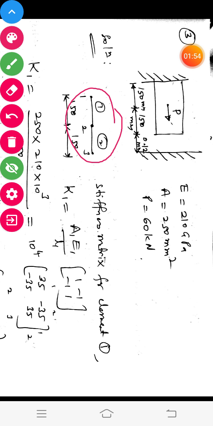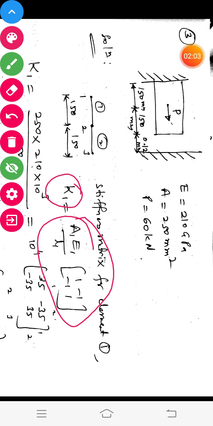Let us generate the stiffness matrices for both the elements 1 and 2. Stiffness matrix for element 1, K1, as we know for a 1D bar, is given by AE by L times [1 -1; -1 1]. The order of the matrix will be 2 cross 2 because the element has two nodes.